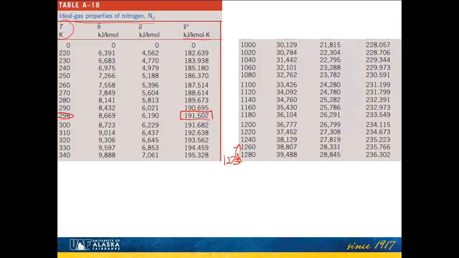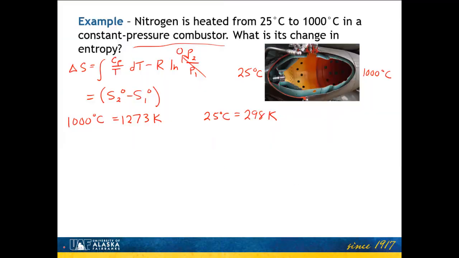We were 1273, so we need to interpolate a value between those two. And I did that interpolation, and that number is 236.114. So there's going to be my value of standard state entropy at 1273. The other one that I'll use is 191.502.